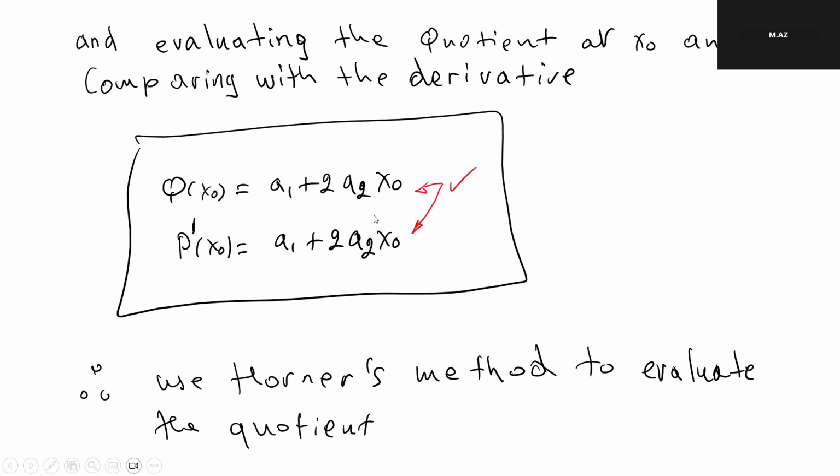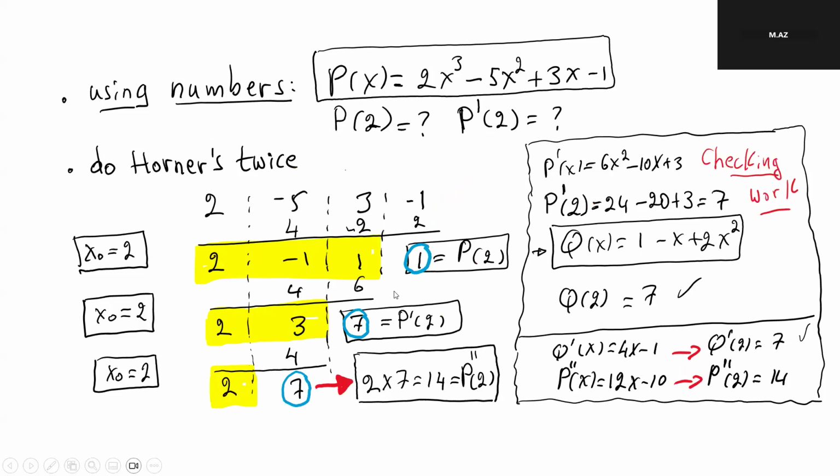For this reason, by Horner's method, we can evaluate the value of the function and its first and second derivative. Let me show you one example for this algorithm or method.